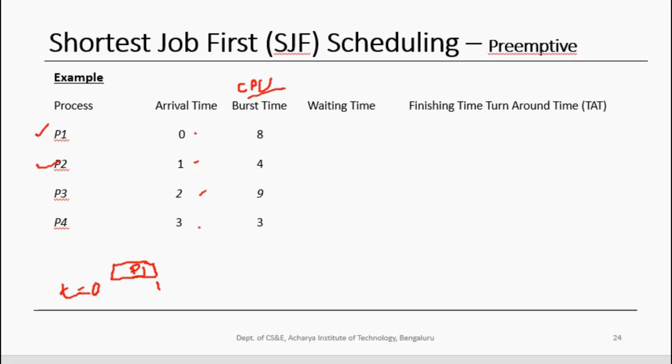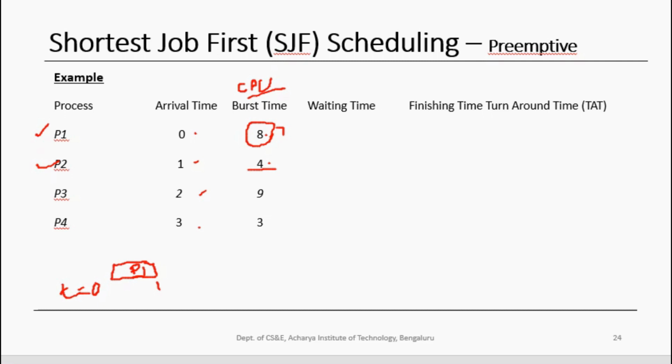What is the next CPU burst time of P2? It is 4. But how much time is left for P1? It has already completed one time unit, but 7 time units are left. This 7 is greater than 4, therefore P1 is preempted.